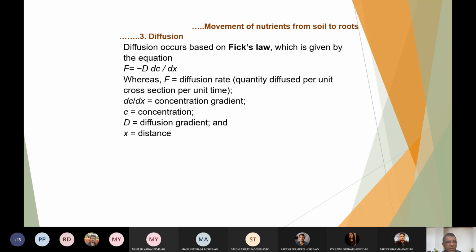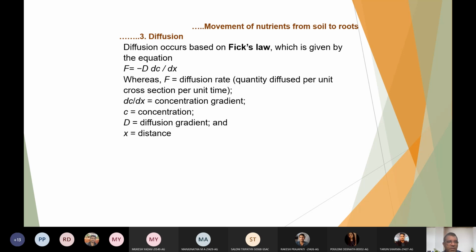Now, the rate of diffusion is determined by a certain law. Diffusion occurs based on a fixed law, which is given by the equation F equals minus D dC by dx, where F is the diffusion rate, meaning quantity diffused per unit cross section per unit time.